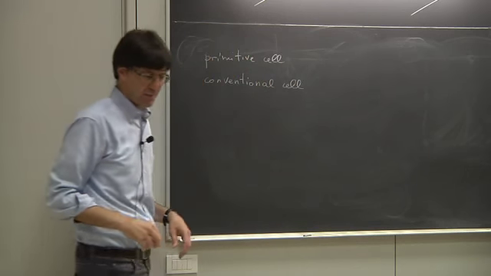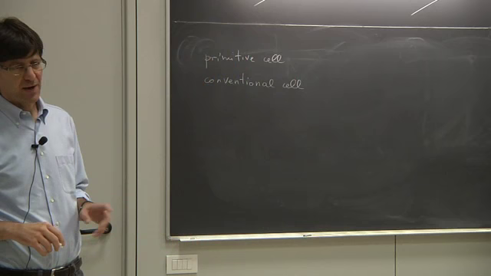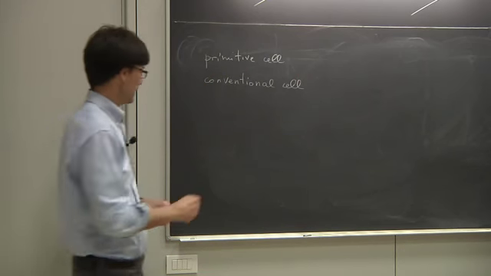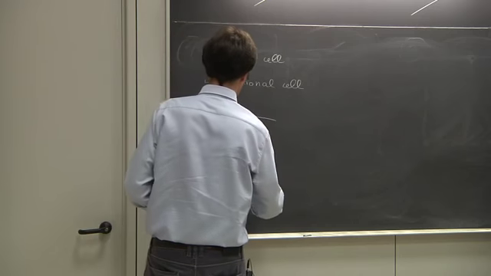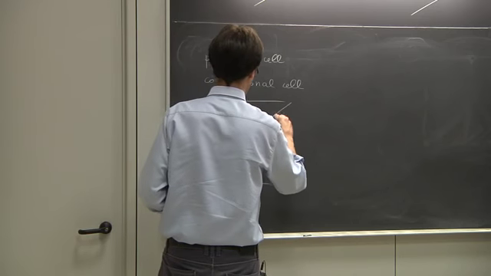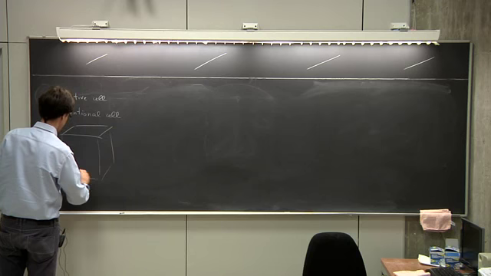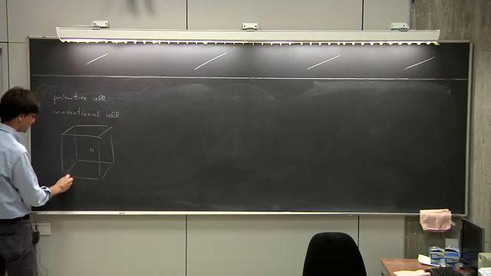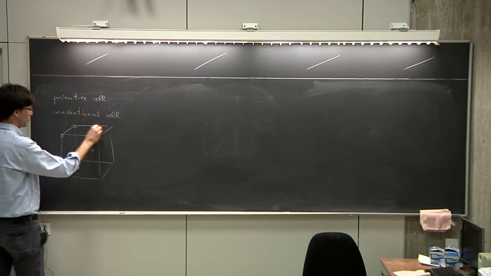Now, you remember the discussion we made the last time about the BCC Bravais lattice in 3 dimensions, right? So we have a cube, and then we place an extra point in the middle of the cube.